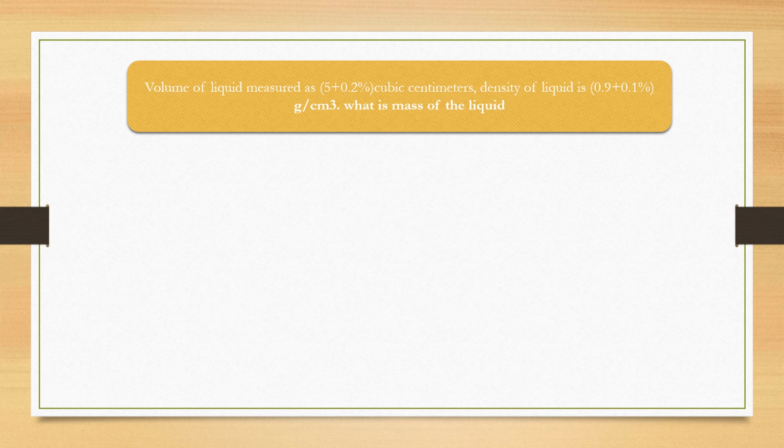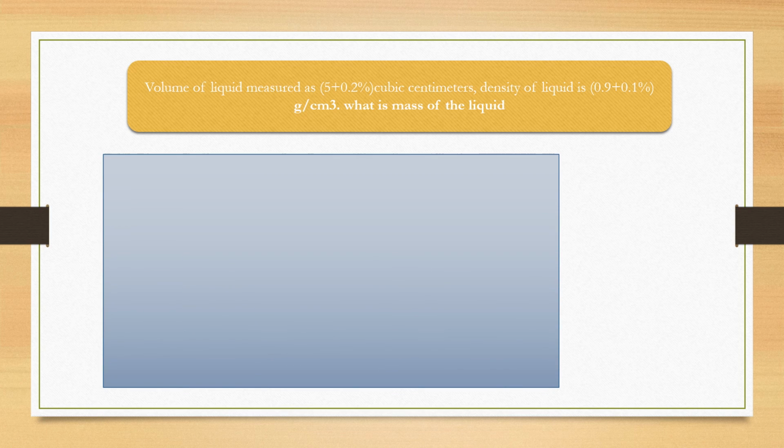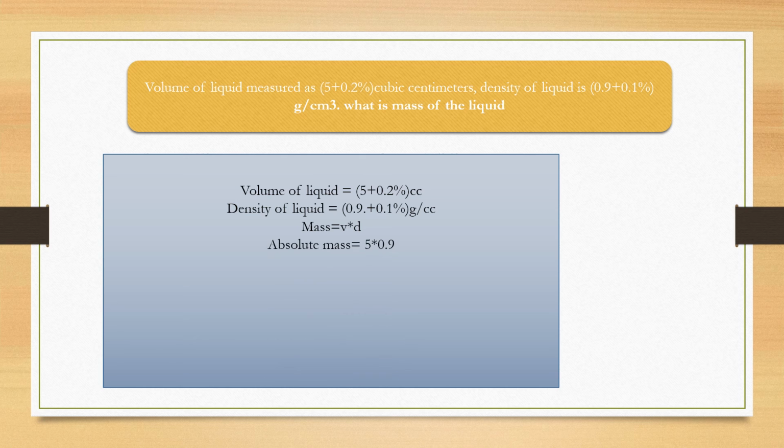We know the formula: mass of the liquid equals volume times density. The volume of the liquid is 5 ± 2% cubic centimeters. The density of the liquid is 0.9 ± 0.1% gram per cubic centimeter.